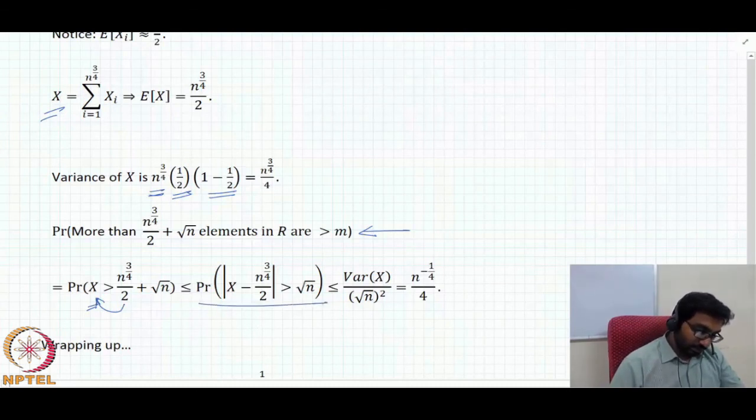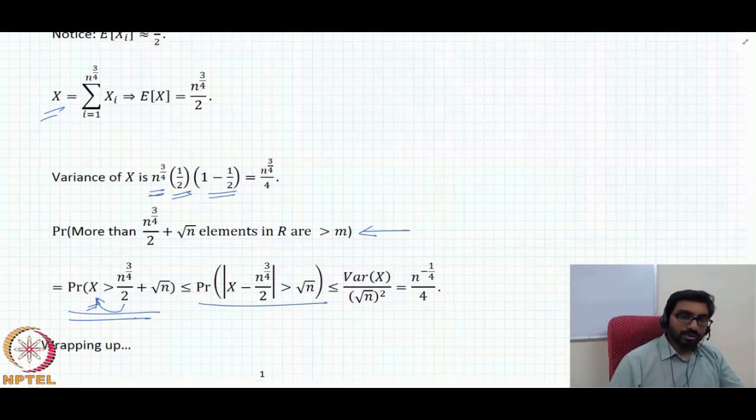This event has greater probability than the event we are actually interested in. That's good, because we want an upper bound on the probability of the bad event. And now it's in a form with which we can apply Chebyshev's inequality.